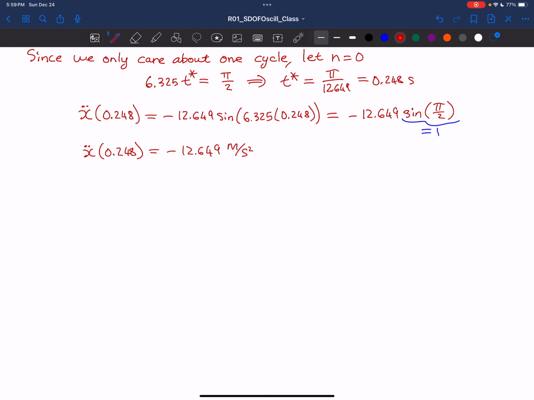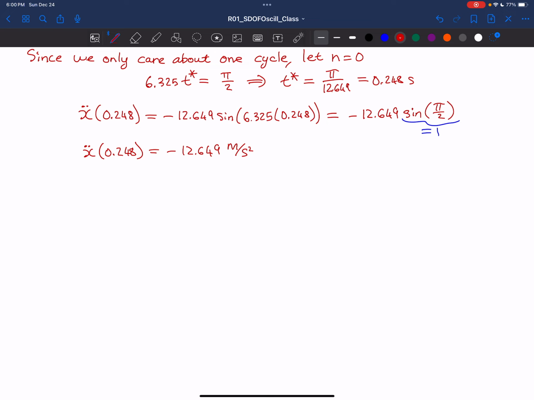Because there's no damping in the system, the acceleration is going to oscillate from minus 12.649 to 12.649. So the maximum acceleration is going to be 12.649 meters per second squared.